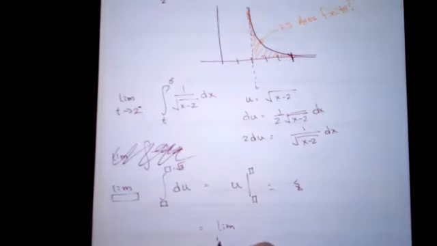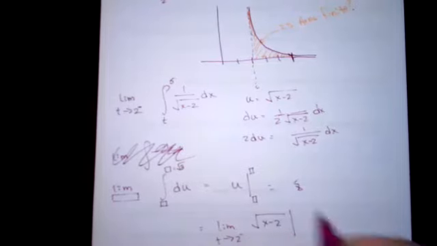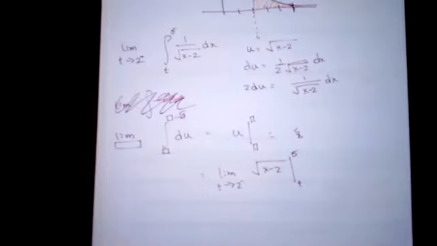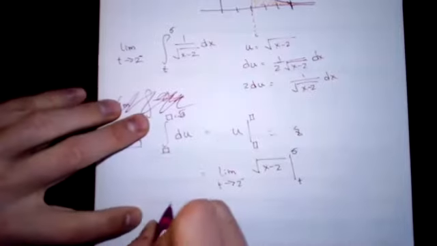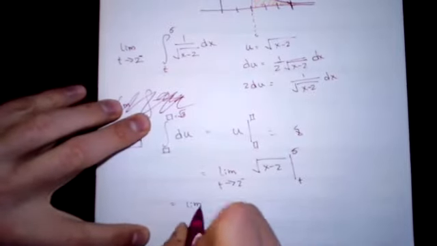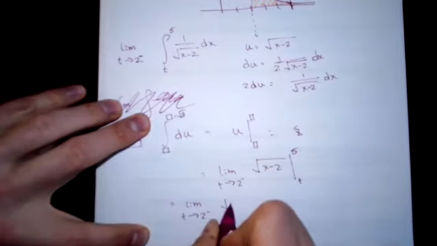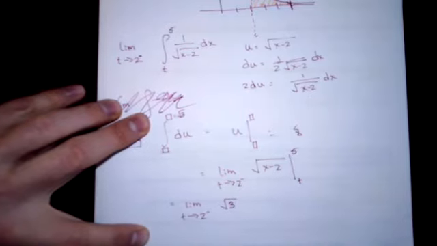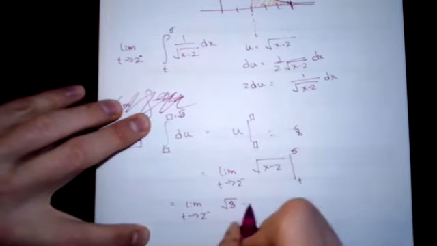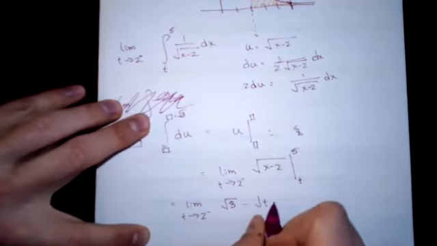So limit t is still going to 2 from the left, and we've got square root of x minus 2, and our original x bounds were t and 5. And we just plug everything in. So our 5, not a problem, square root of 3. And then we've got minus square root of t minus 2.